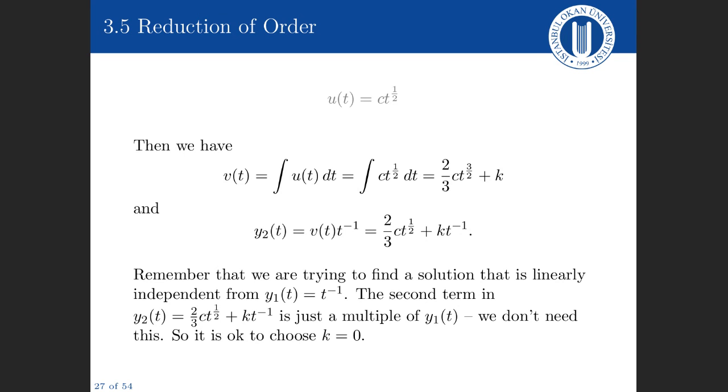The second part of our solution, k t to the power of minus 1, is not linearly independent from y1. This is just a constant multiplied by y1. We don't need this, so we can choose k is equal to 0.